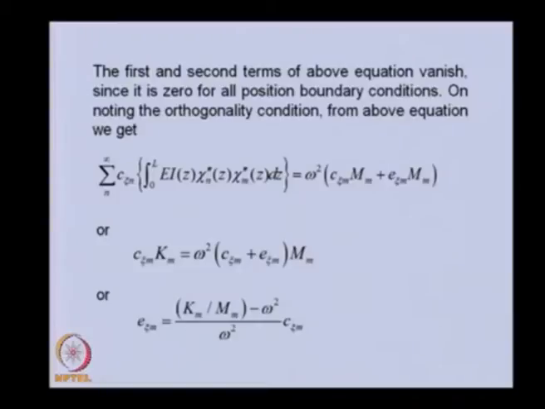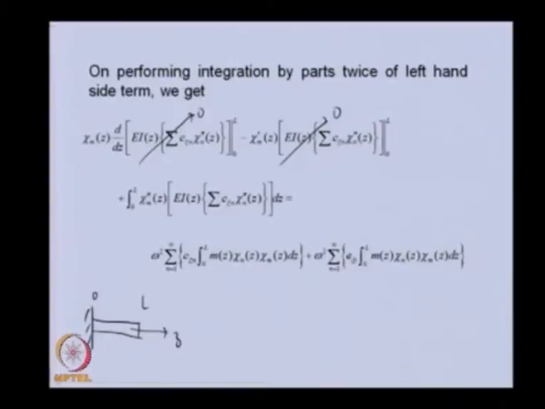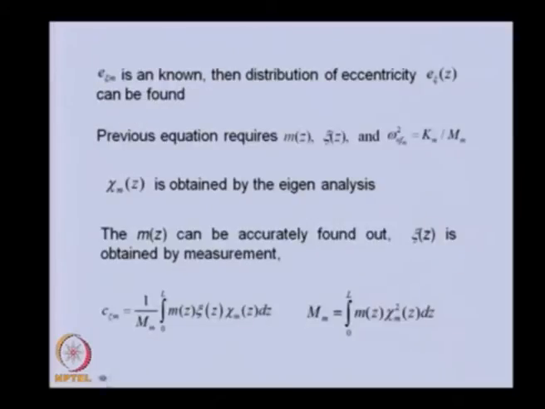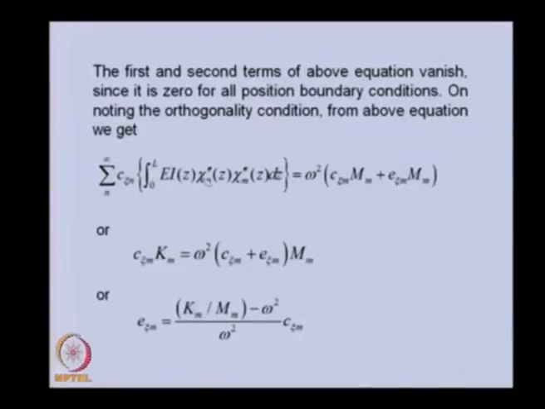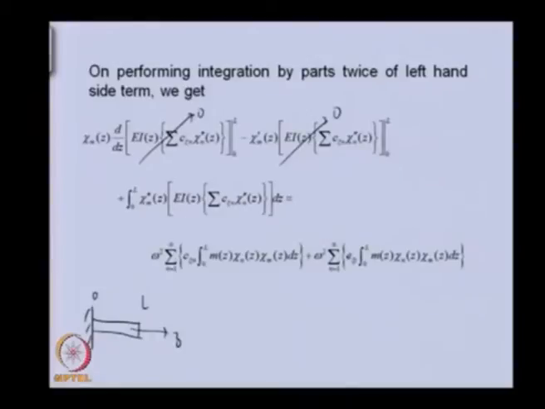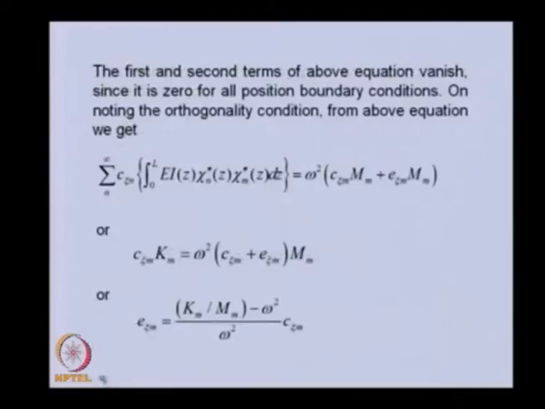From the first term here, the terms corresponding to xm will be non-zero, other terms will be 0. So this expression will come like this, and on the right hand side we already have this as the generalized mass, this is also generalized mass, and these constants are outside this integral. These are the generalized mass and the constants corresponding to the response and the eccentricity.